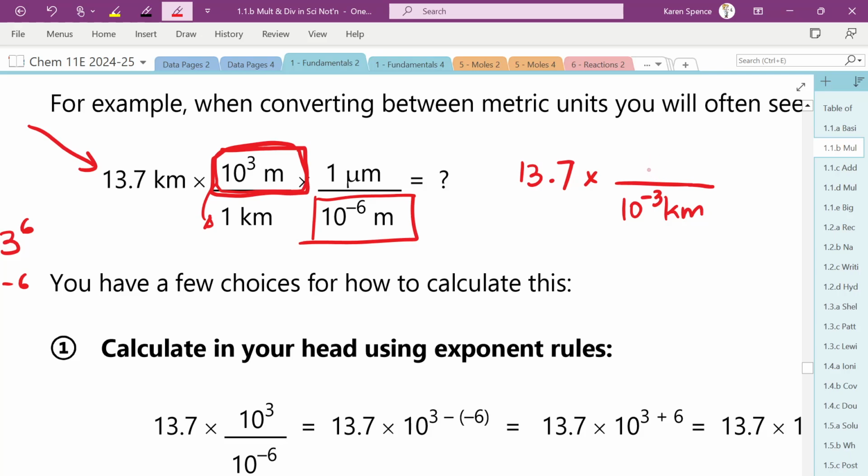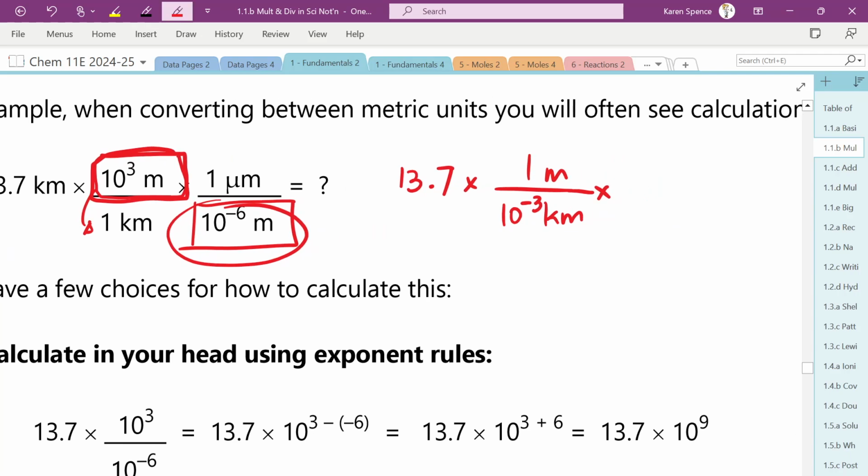And that would still be 1 meter. And let's say I wanted to move this 10 to the 6 to the top. I would say, okay, I have 10 to the 6 micrometers is equal to 1 meter.